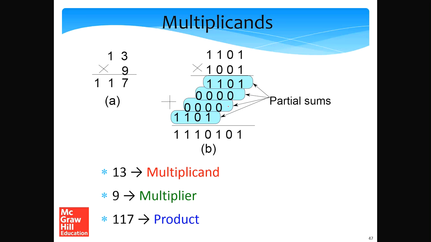Essentially the ith partial sum is shifted to the left by one position as compared to the (i minus 1)th partial sum. If we consider the first i partial sums, we can add them up to make a partial product. Then the partial product will be added to the next partial sum.